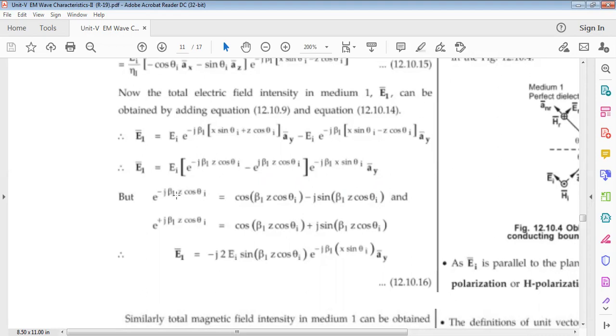But e power minus jx is equal to cos x minus j sin x, and plus means cos x plus j sin x, by Euler's rule.